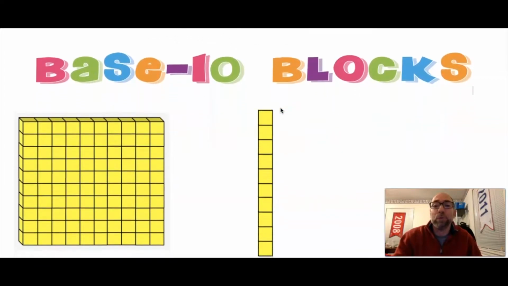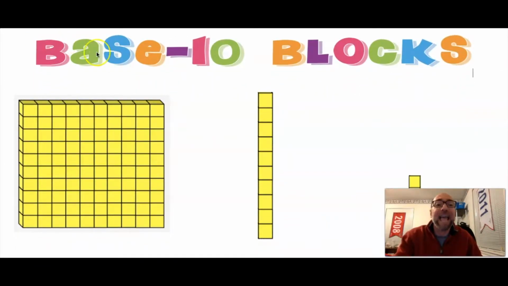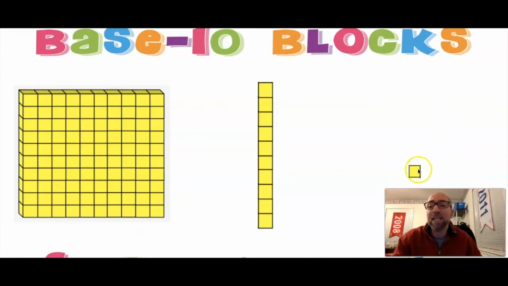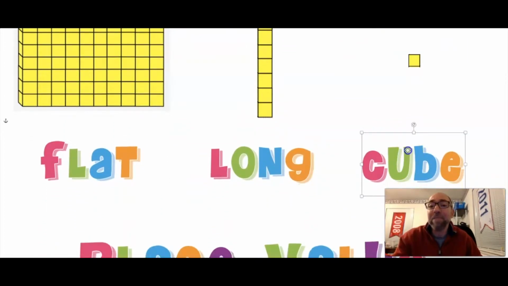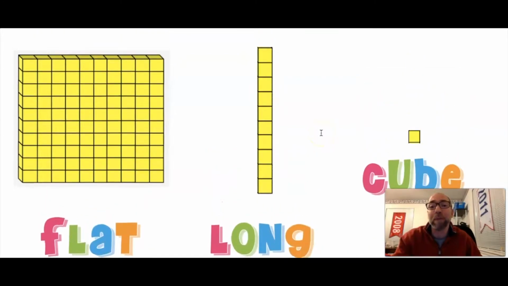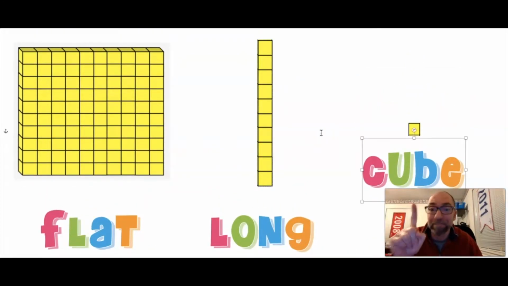We use base 10 blocks to help us with our numbers. And the base 10 blocks all start with this one little tiny cube. It's a cube, and that little tiny cube represents 1.